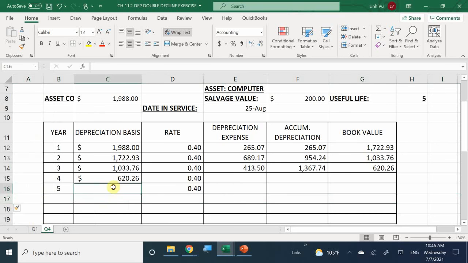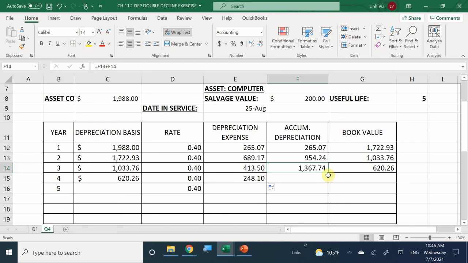Okay. So then, let's go ahead and continue on. What is going to be my depreciation expense for year 4? 248.10, okay.